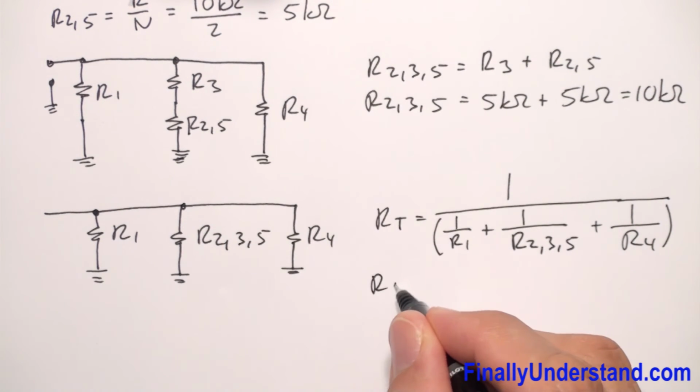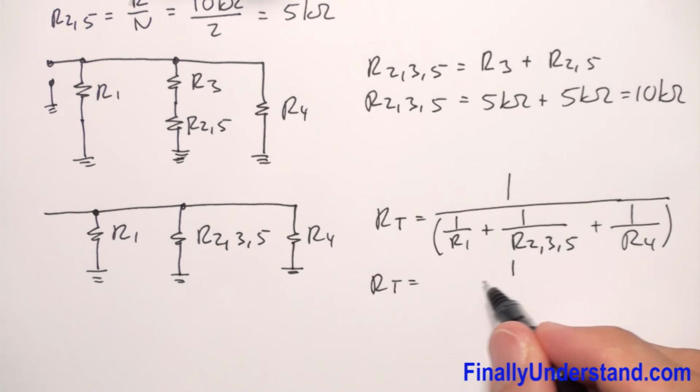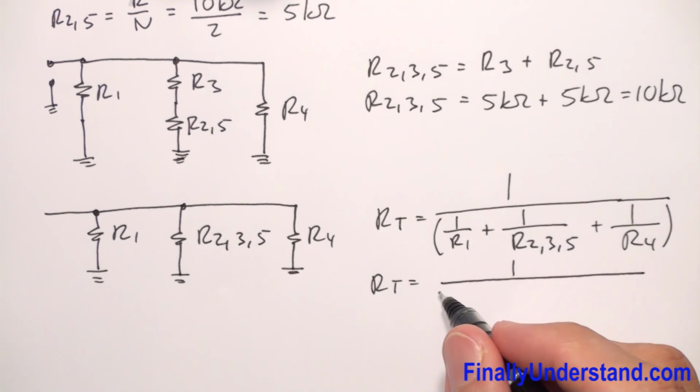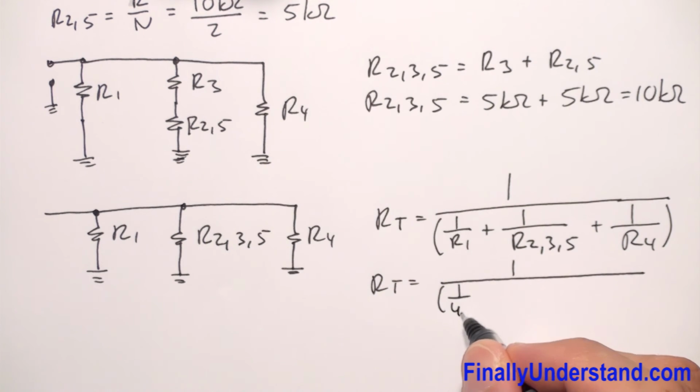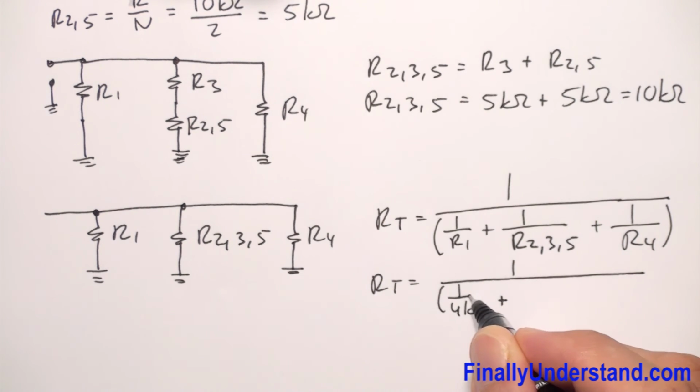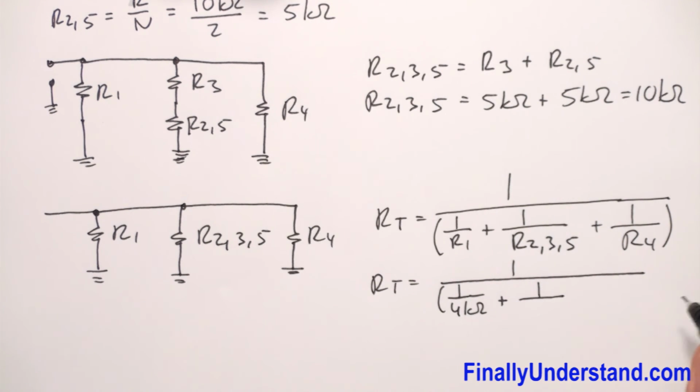So R total is equal to 1 divided by 1 over R1, which is equal to 4 kilo ohms, plus 1 divided by R2,3,5, which is equal to 10 kilo ohms, plus 1 divided by R4, which is also equal to 10 kilo ohms.